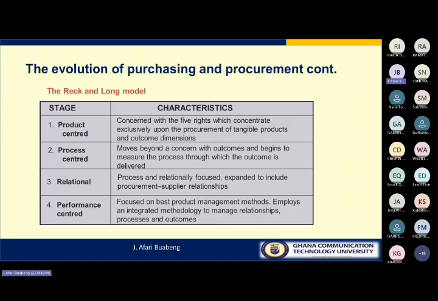So we are selecting supplier A or contractor A or consultant A over other contractors because of their performance during the evaluation process. It's not because we are from the same village or we attended the same uni.